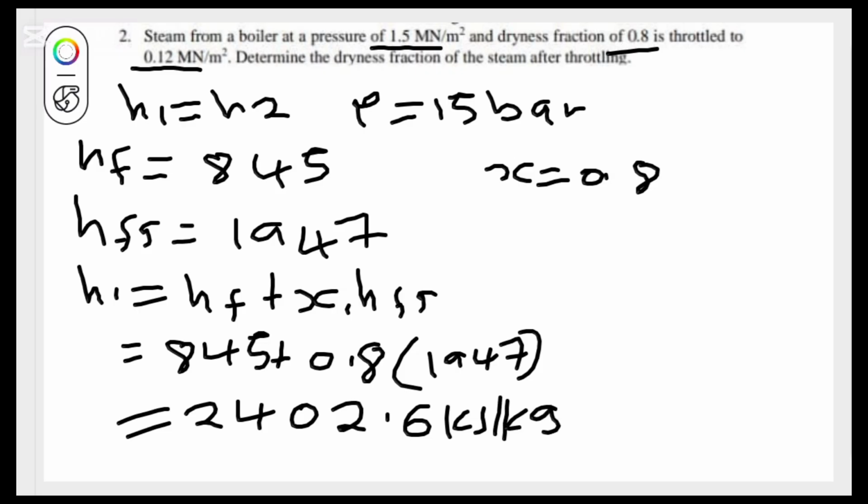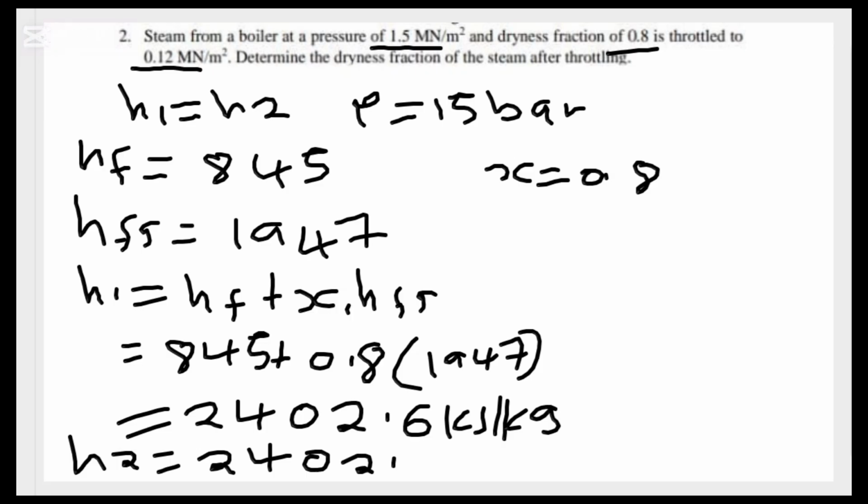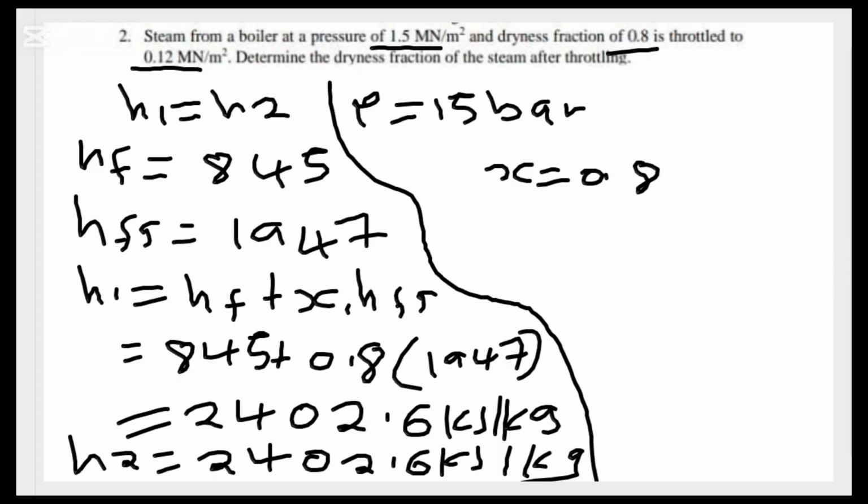Therefore h2 will also be the same thing, which is 2402.6 kilojoule per kg. The next thing I have to do is find the dryness fraction after throttling.